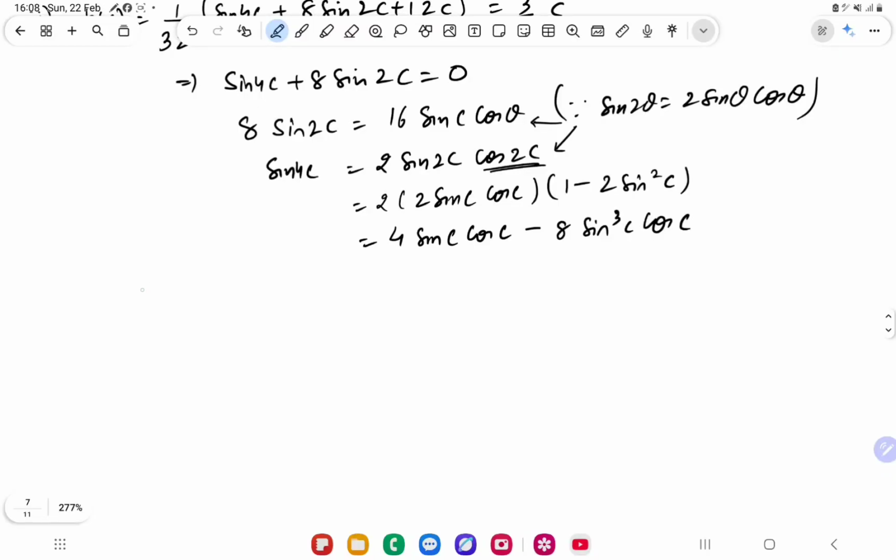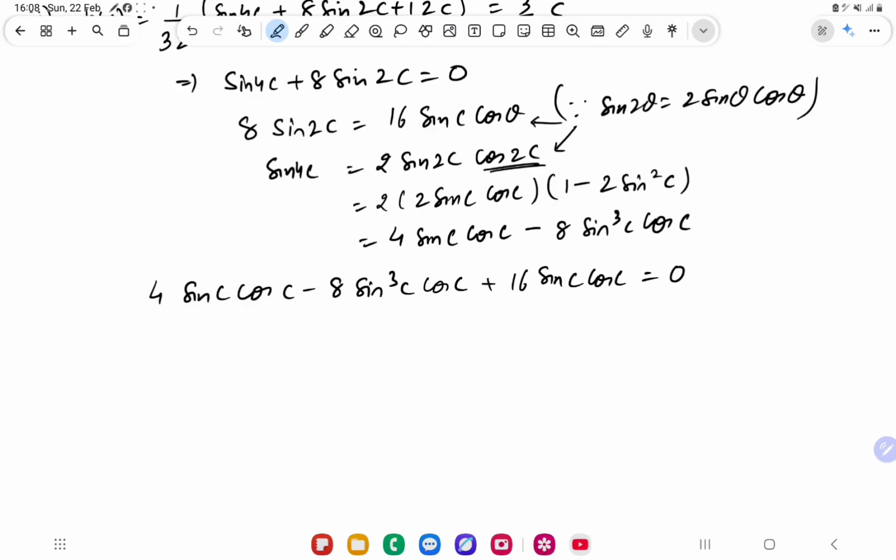So from here I can write 4 sine c cos c minus 8 sine cube c cos c, and I had one extra 16 sine c cos c. This entire expression should be equal to 0. From the entire expression I can take 4 cos c common, so I will be left with 5 sine c minus 2 sine cube c, that is equal to 0.